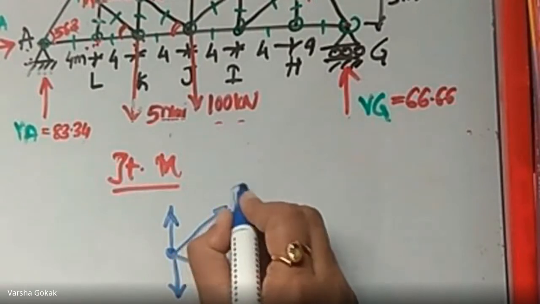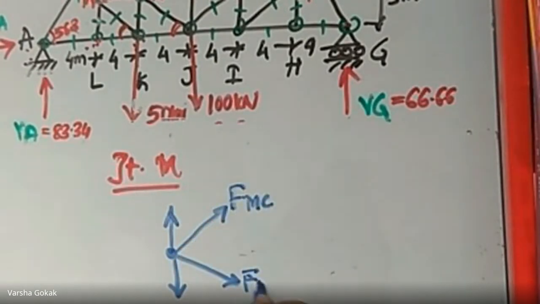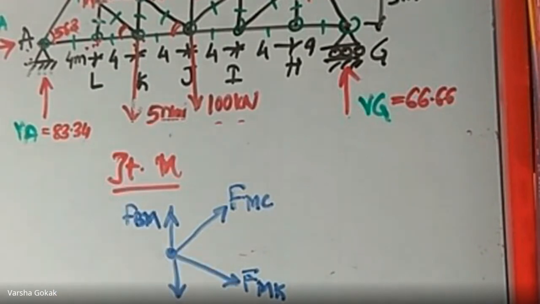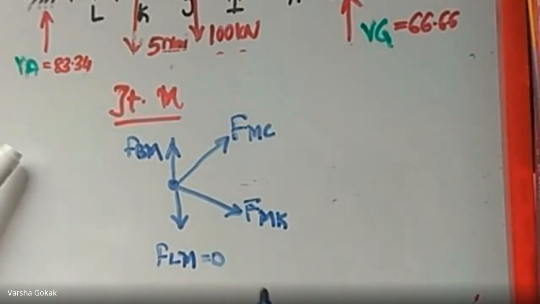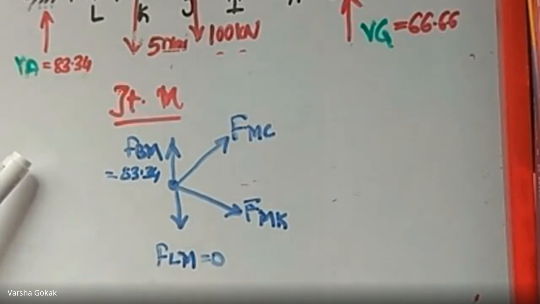I will name them FMC, FMK, FLM, and FBM. We have few of these values. So LM is 0 value and BM was 83.34.